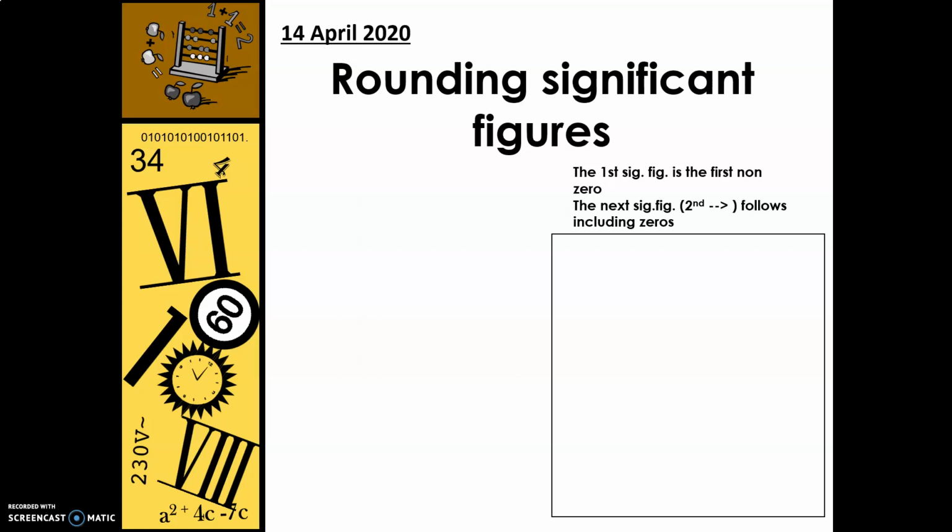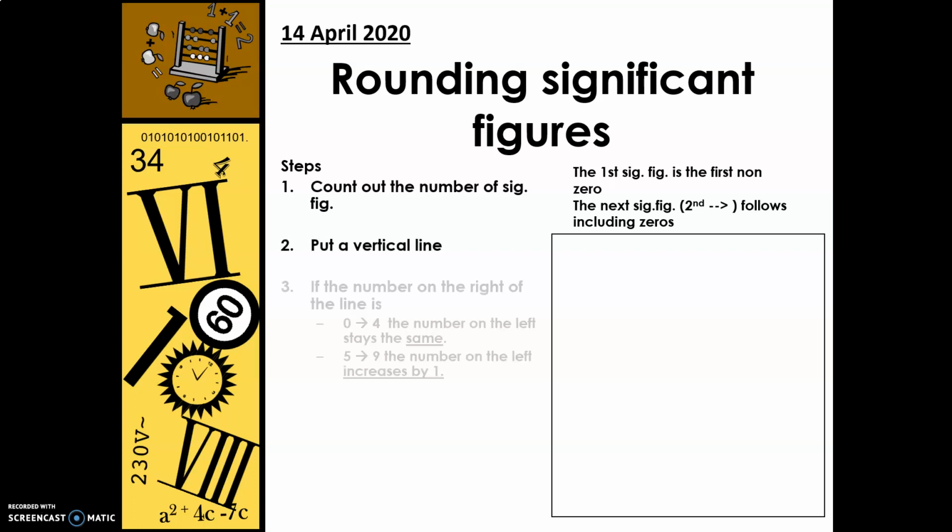So the rules for rounding to certain significant values are exactly the same as what we used for decimal places. The only difference is we don't use decimal places, we use significant figures to decide where to put our line. So the first step is exactly the same. You count out the number of significant figures, you put a vertical line, and then you decide on the number on the right.